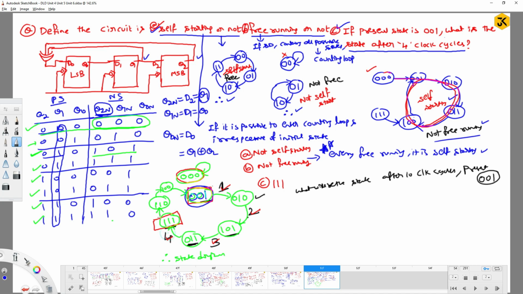So up to here it is 4, 5, 6, 7, 8, 9, 10. Then the answer will be 011.